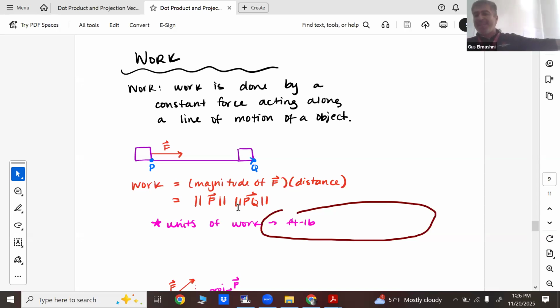There's no way, because it's just too heavy. I could put all the force I wanted to. So in order for me to do work, there has to be distance also. So work equals the magnitude of force times distance, so the magnitude of force times the magnitude of PQ. That's what work is.